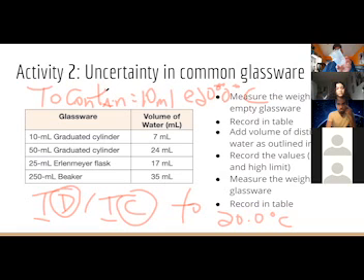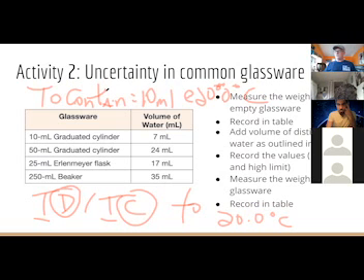Notice on this one, there's no writing TC or TD on it because this is not a measuring device. The other two are. And you will see that on measuring devices. Measuring devices will either be to contain and to deliver. Some are just to contain and some are just to deliver. It depends on what kind of instrument it is.